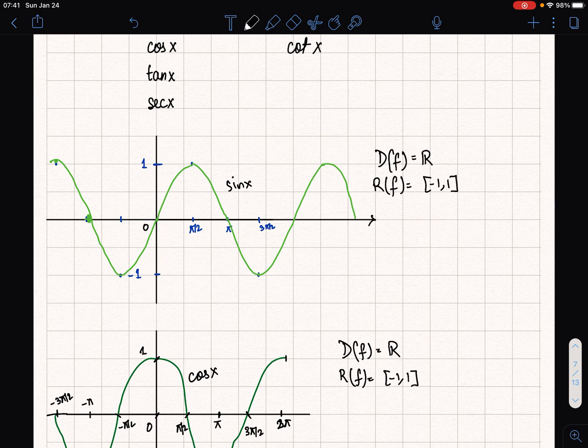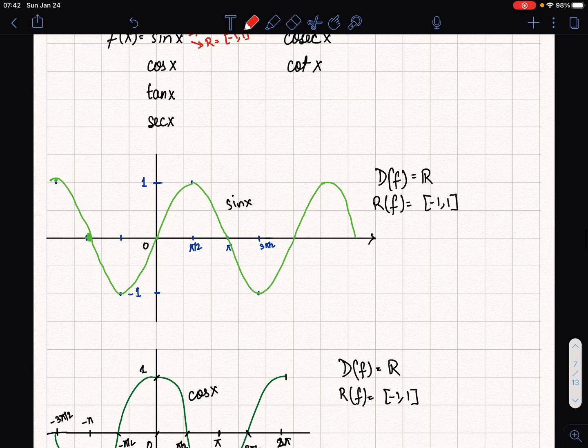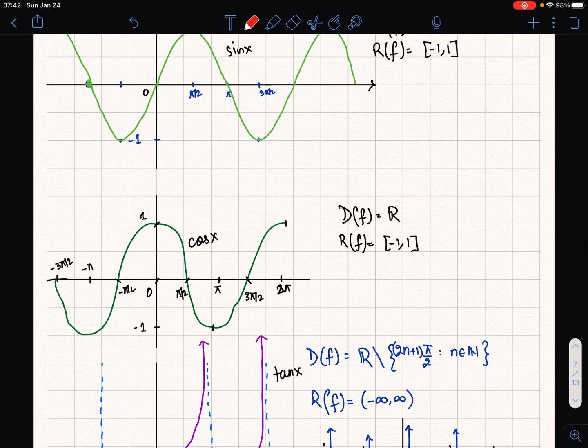For the function secant and cosecant x, we'll need the graph of sin x and the cos x. We do the following. So I'll be drawing on the sin x and the cos x function with red pens. Secant x is reciprocal of cosecant x. So we first make the graph of cos with dotted lines like this.